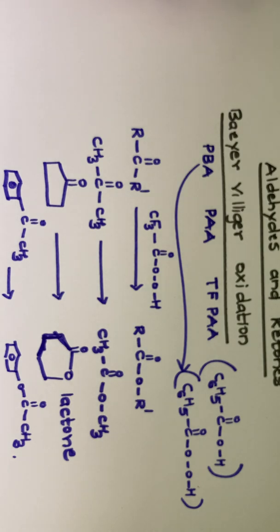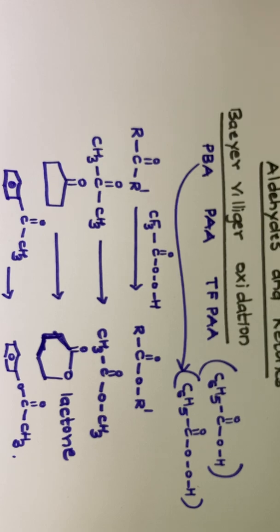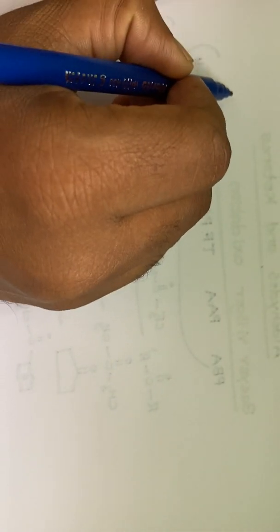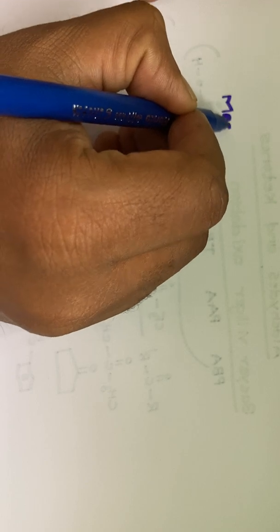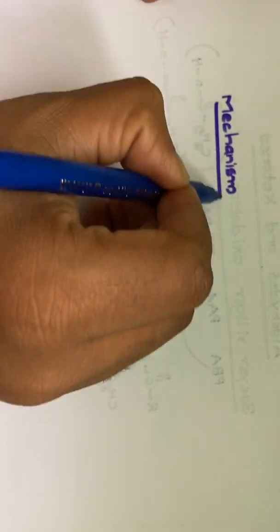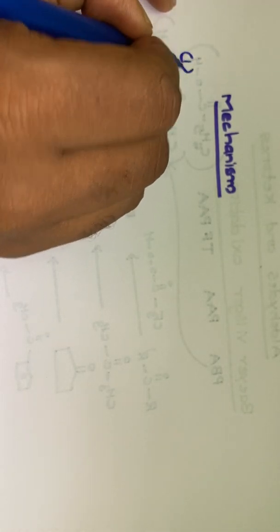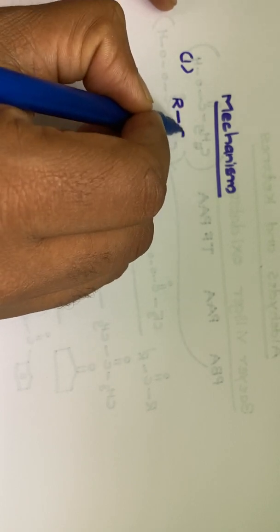Let us go through the mechanism of this reaction. So the reaction occurs in a few steps. Let us discuss the steps one by one. So the first step, ketone.